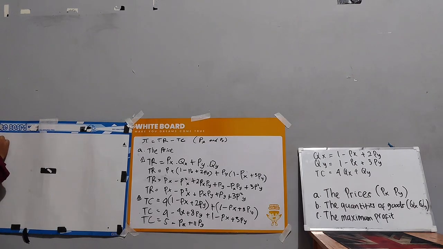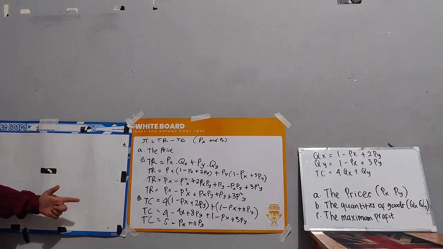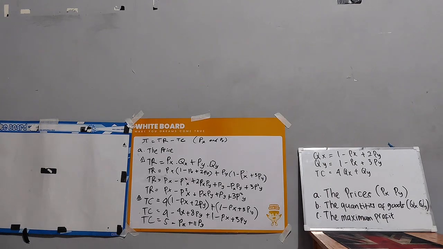Next, step 3, finding the profit function. Having derived TR and TC in terms of price, next we can define the profit function by subtracting TC from TR.